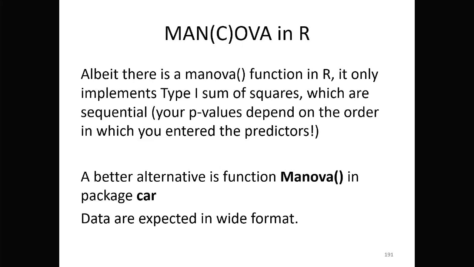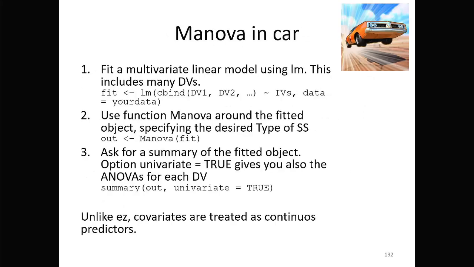If you look at the regression coefficients, you don't need any type of sum of squares, so you can do it yourself. All these packages, the possibility to extend and personalize everything, is what makes R great. So people in the car package implemented this Manova with a capital M that allows you to get type 2 and type 3 sum of squares.